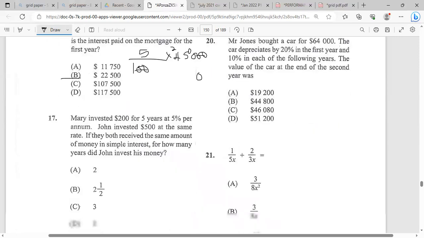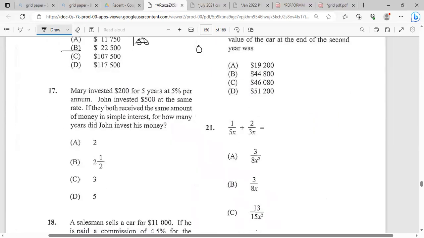Mary invested $200 for 5 years at 5% per annum. John invested 500 at the same rate. If they both received the same amount of money in simple interest, how many years did John invest? I could focus on Mary first. We have $200, and simple interest is principal times time times rate over 100.